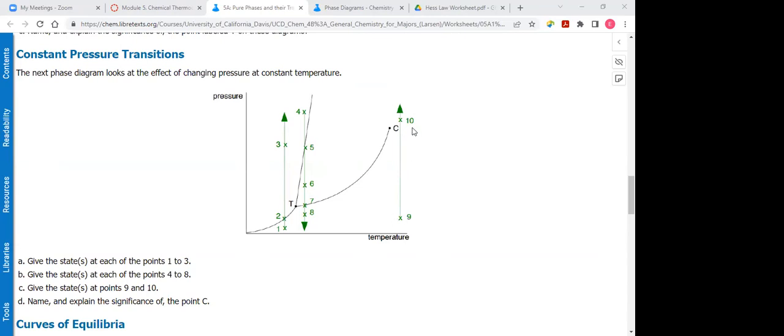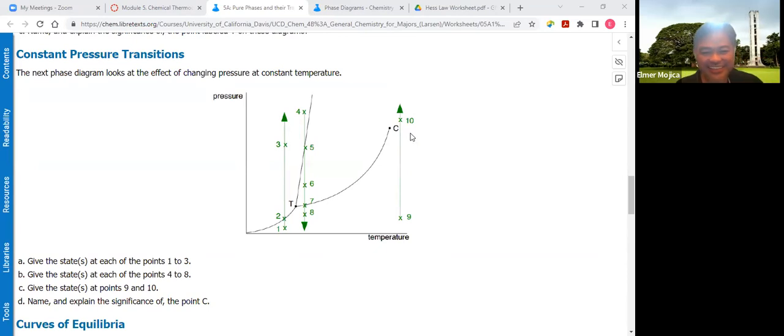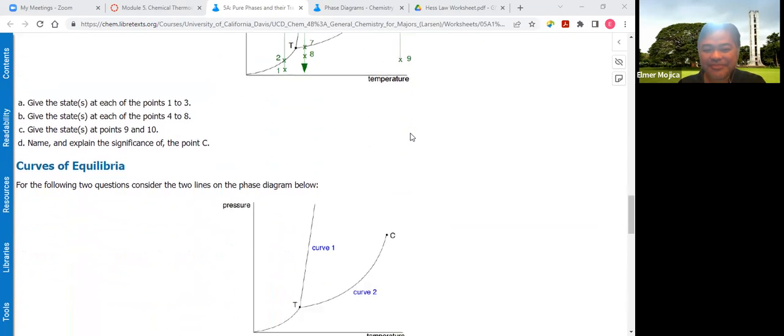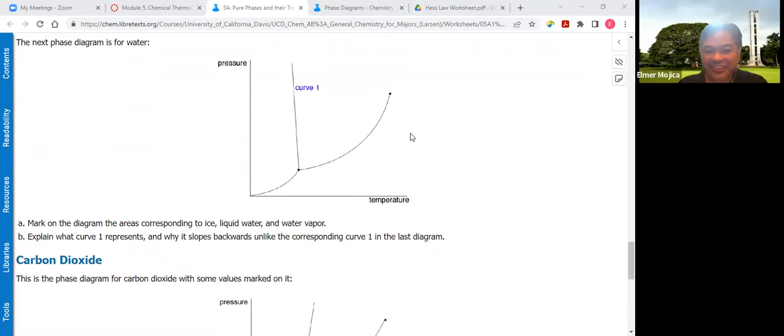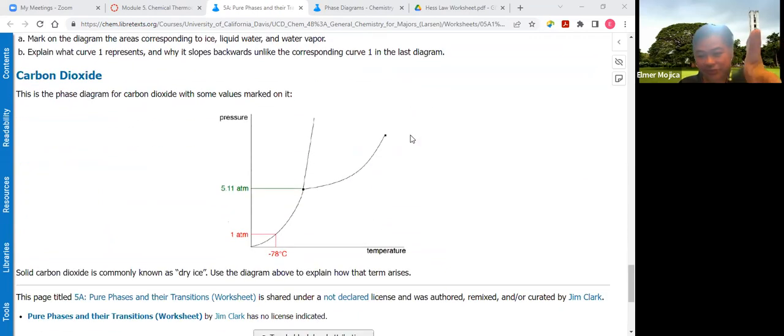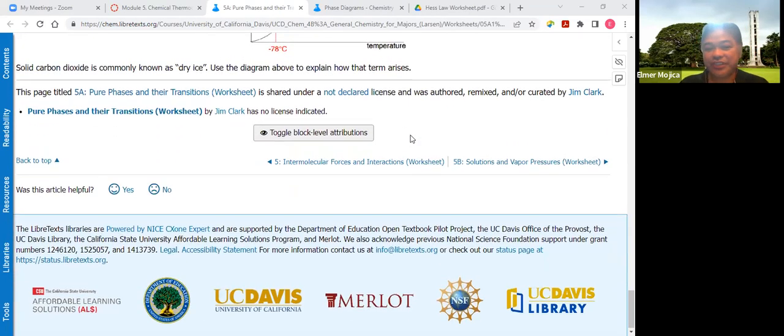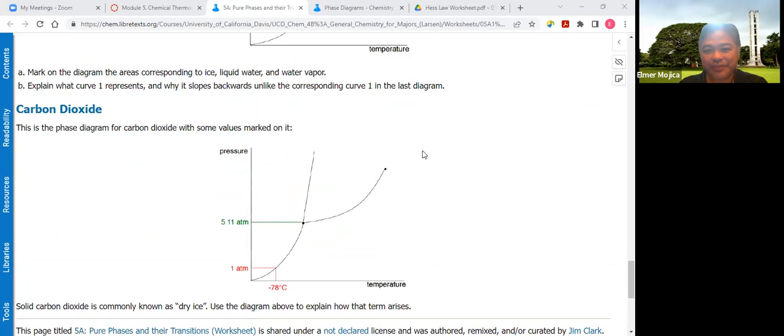Gas. Number 10? Supercritical fluid. Okay, can you handle this? This is the style of questions you'll get. Usually that's a typical one.